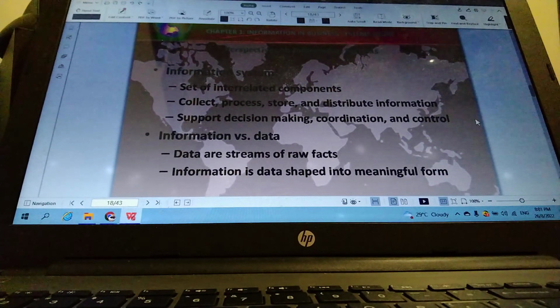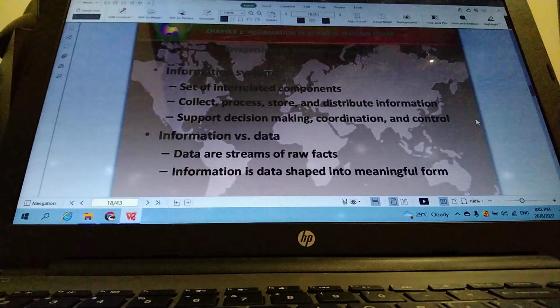An IT system is a set of interrelated components. It helps us to collect, process, store and distribute information. An IT system also, like what we have seen in many other sessions, supports decision making, coordination, control and many other features. That is basically what an IT system is all about.